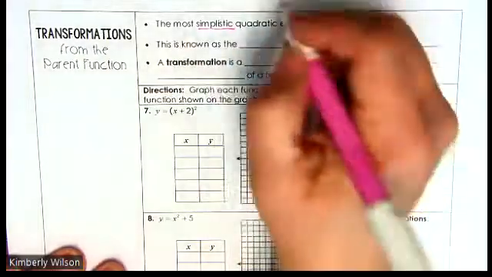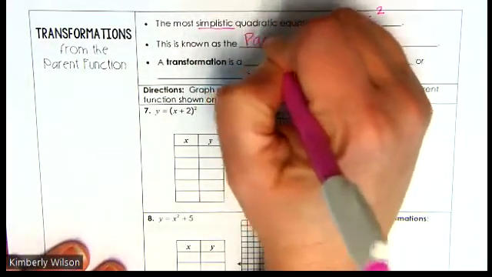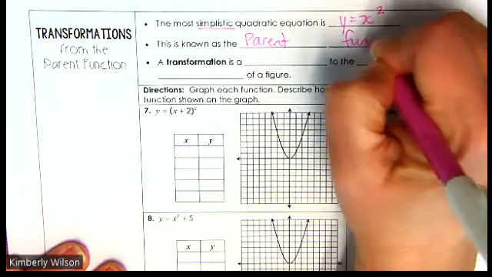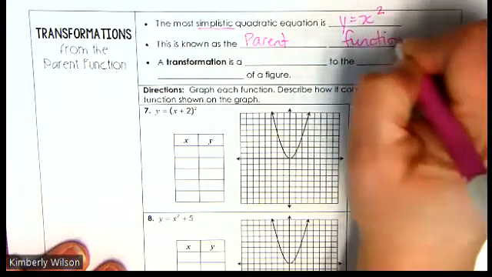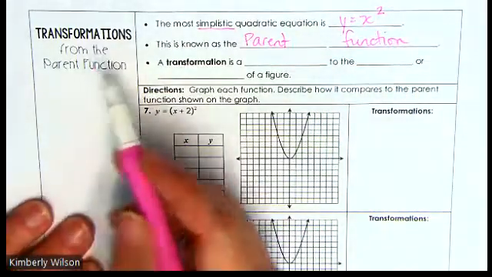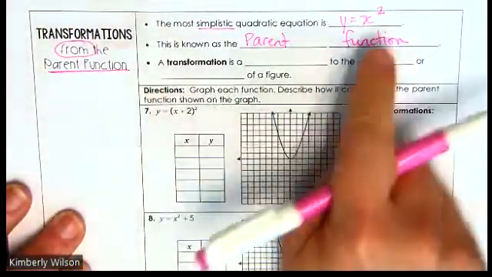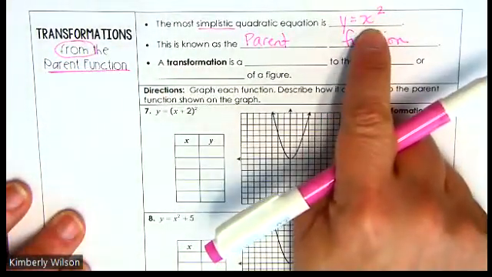So this is known as the parent function. Transformations are always from the parent function. So it's how does it change from here?